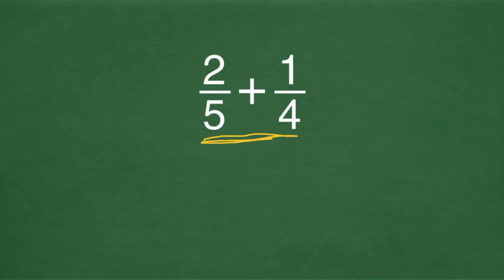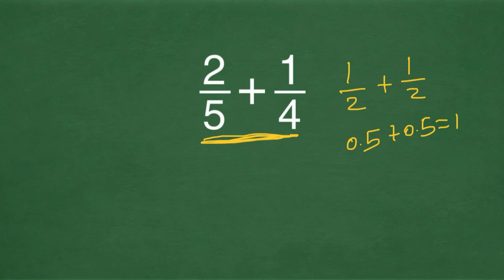But before we solve this problem, let me give you a quick idea of how to add fractions. Let's make this easy first. If we have 1/2 plus 1/2, well, 1/2 means 0.5, and 0.5 plus 0.5 is just 1, right?